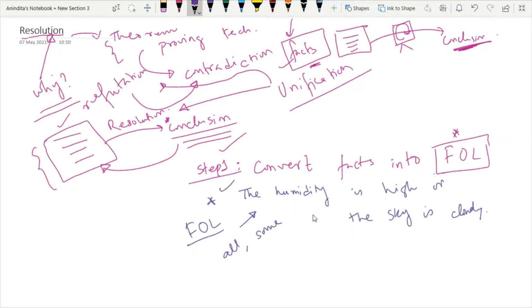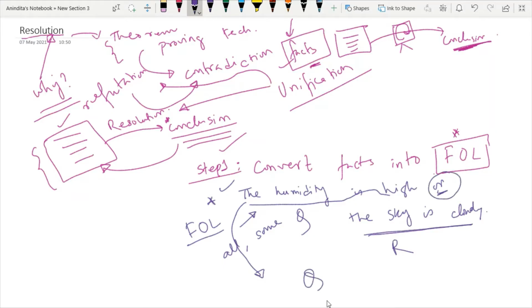That is, the humidity is high, I can consider this line as say Q, or the sky is cloudy, so this line can be considered as R. So as a result, the conversion of this fact will be Q or R. So this is a simple conversion. So this is one kind of first order logic conversion.